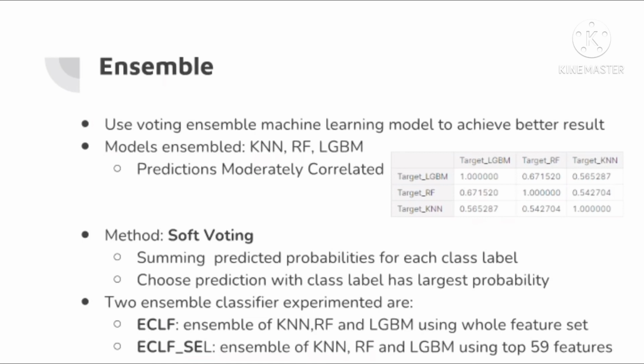To produce the prediction, we used soft voting, which involves summing the predicted probabilities for each class label and using the class label with the largest probability as the prediction. The two ensemble classifiers are ECLF, which ensembles KNN, RF, LGBM with the whole feature set, and ECLF_cell, which ensembles KNN, RF and LGBM using the top 59 features.